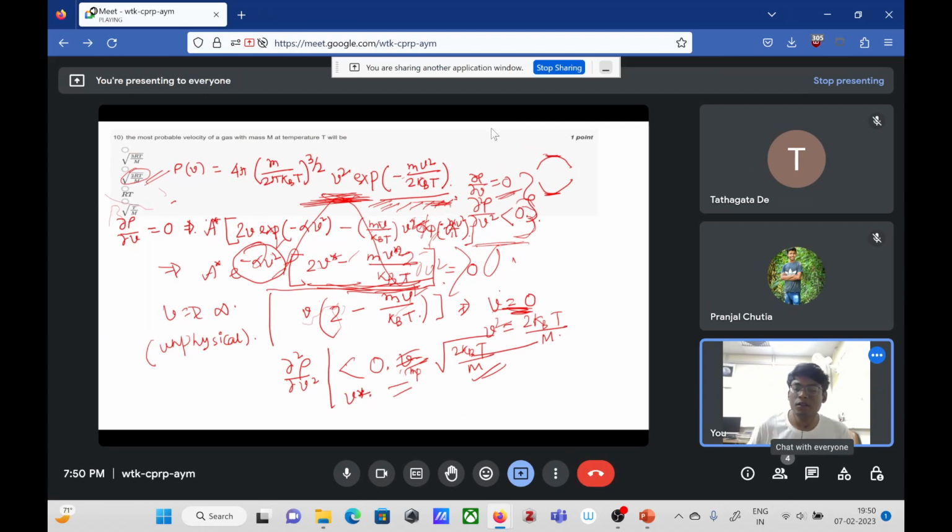Okay. So you can do the differentiation once again and then put the value and you can get all the other things.